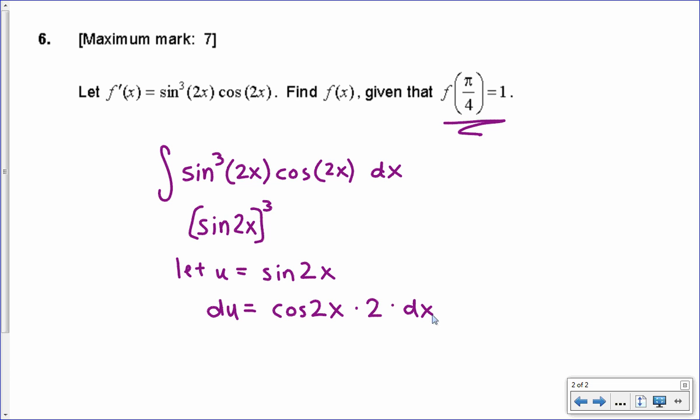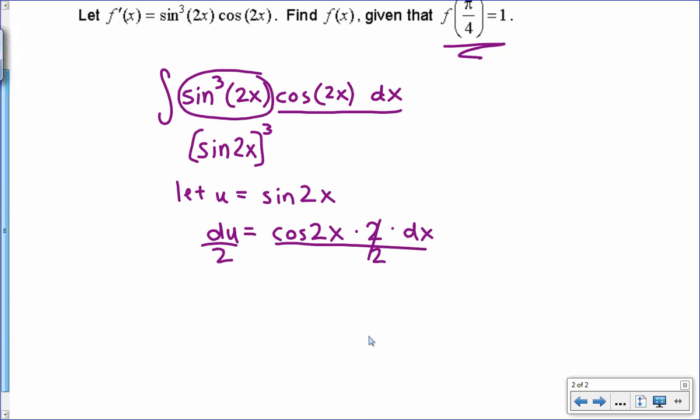Now, if I look up to the original function, I see that I can now swap out this term, the sine cubed 2x, with u cubed, and the rest of what remains is cosine 2x dx, which is almost what I have down here in du. So I can almost swap it out for du directly, except for that I need to get this 2 moved to the other side. Okay, so I'll be able to swap out the rest of the expression with du over 2, or 1/2 du.